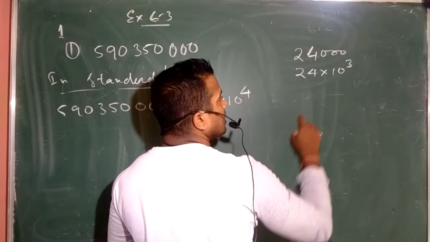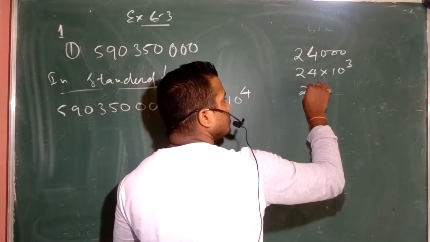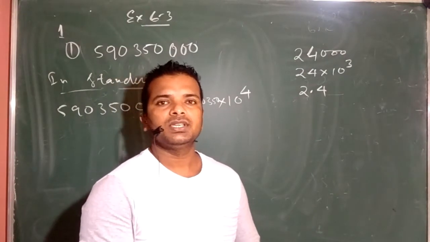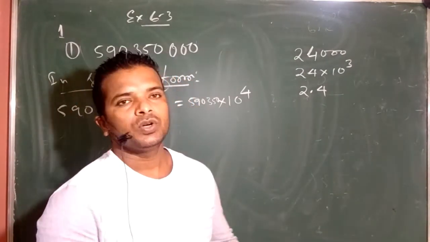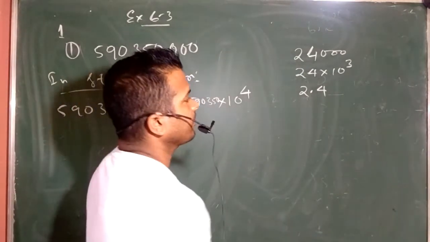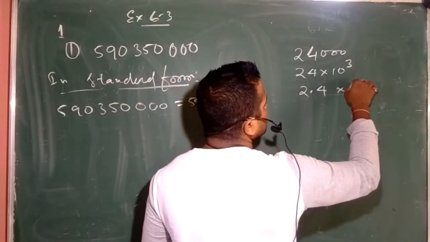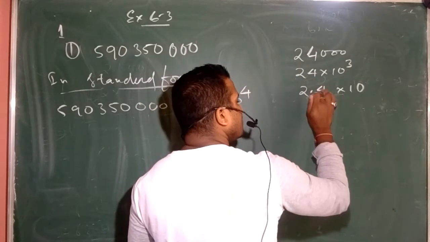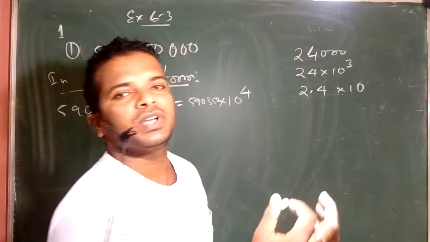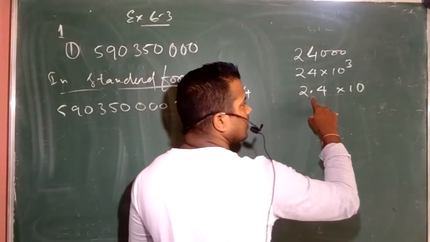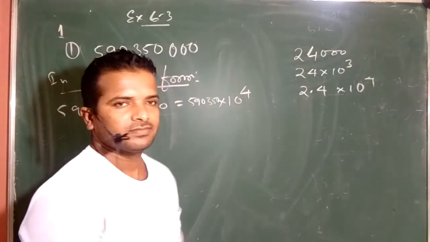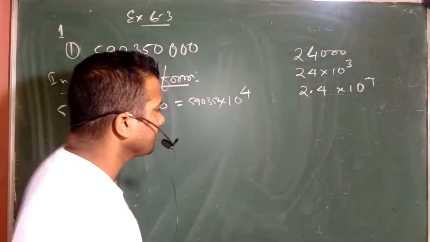But this is 2 digits, that's why you have to write 2.4. As soon as you bring the point, you are getting 1 extra power. So if we have 3, it will become 4. Okay, this is simple.